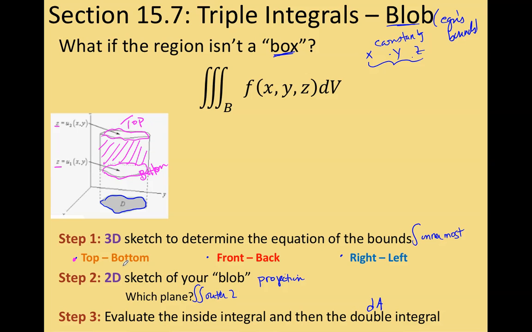Top minus bottom is going to be your limits here. Your projection, if you're looking down the z, is on the xy plane.